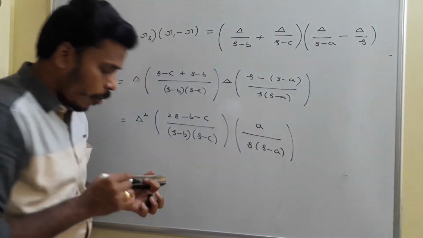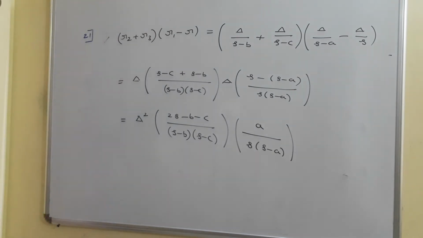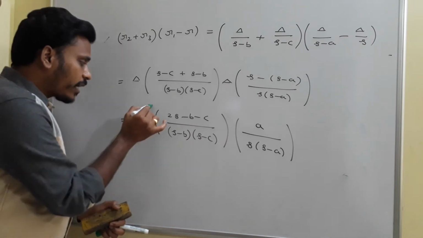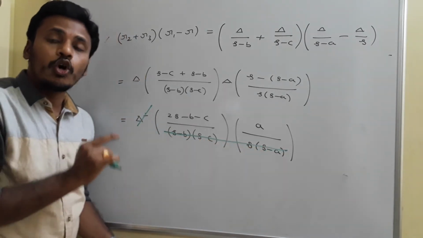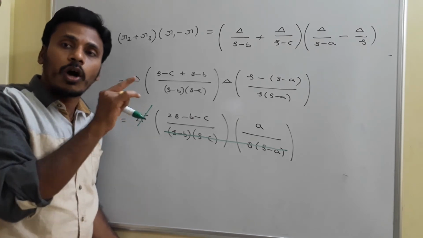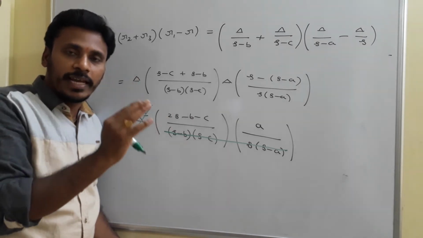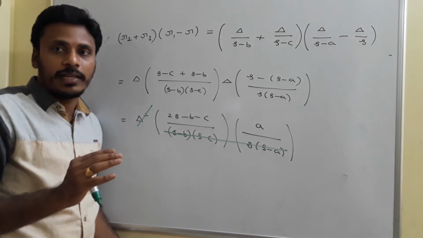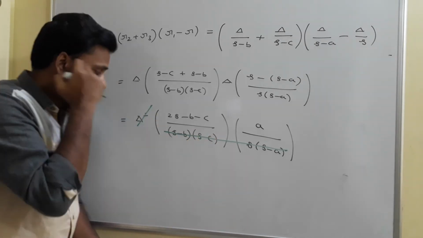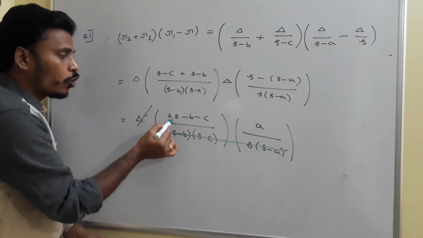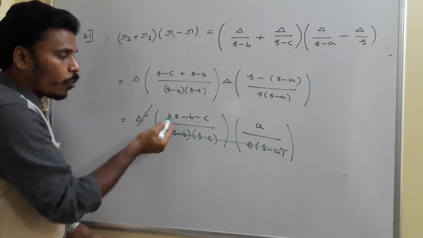Now it is very clear from Heron's formula and the area of the triangle that this delta square is directly equal to the product of these four terms, because we know that delta is the square root of S into S minus A into S minus B into S minus C. From there delta square is the product of these four, they get cancelled. Now just think about the numerator, 2S minus B minus C. What is 2S?